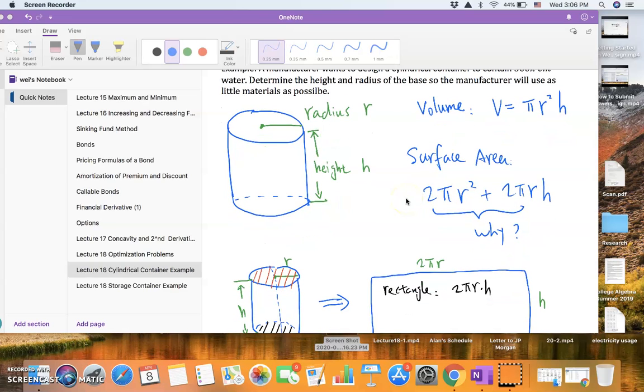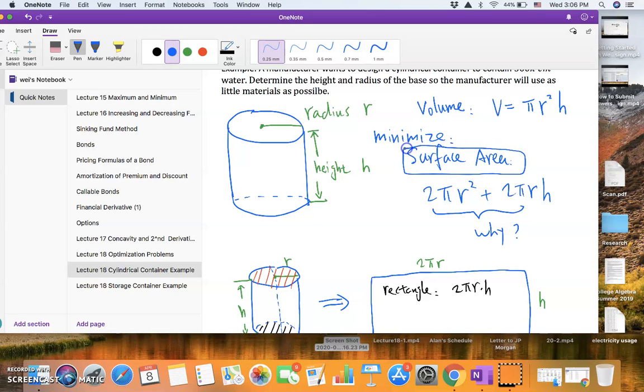Therefore, we want to minimize the surface area.